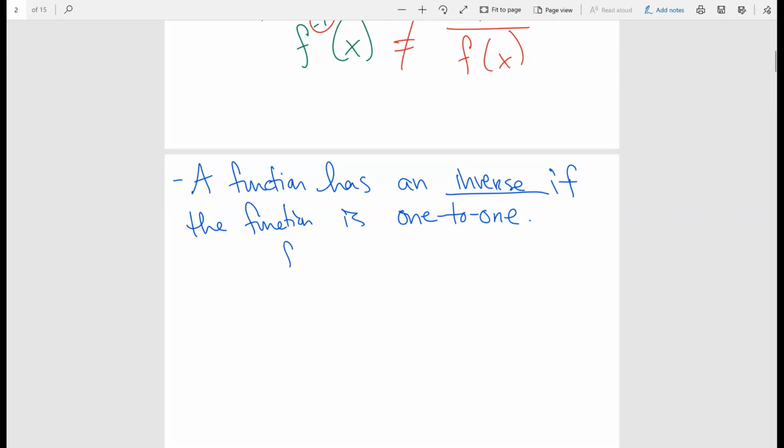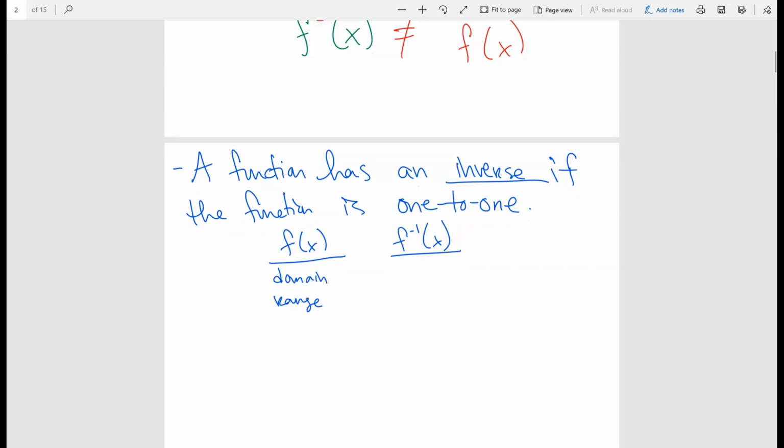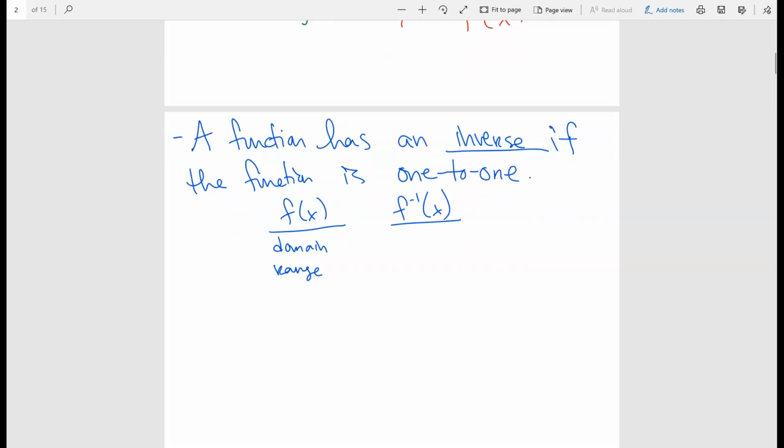Now, one of the things that is really cool about inverses, and this is why we really care about inverses, is that a function has a domain and range. So that means that the inverse function should also have a domain and range. However, because the input and the outputs are now swapped, the domain of f of x is now going to be the range of the other one, and the range of f of x is going to be the domain of the inverse.